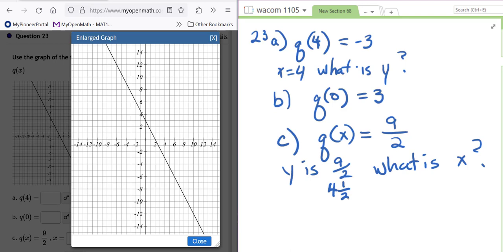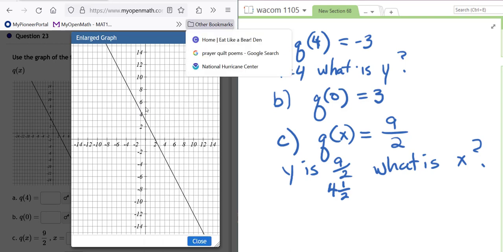So at 4.5, you have to go over to the picture there, and I would say it is -1. Right, so you're looking at 4.5 because that is what they're giving you, and it's y.